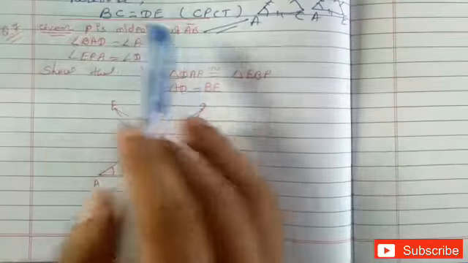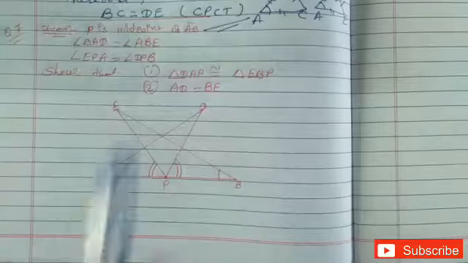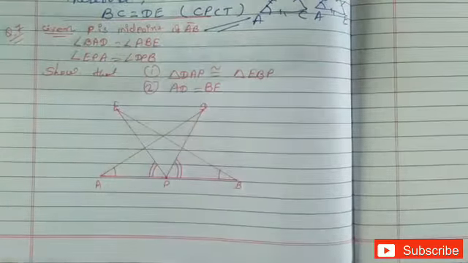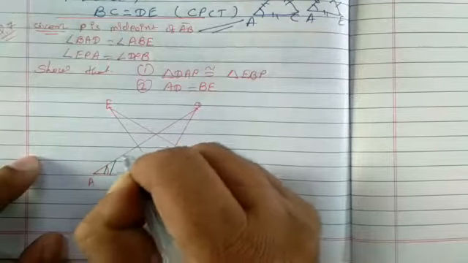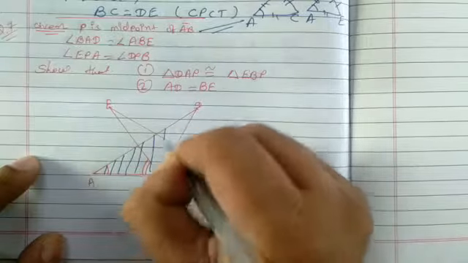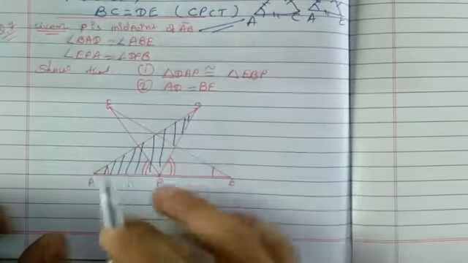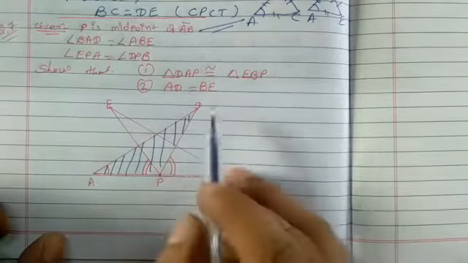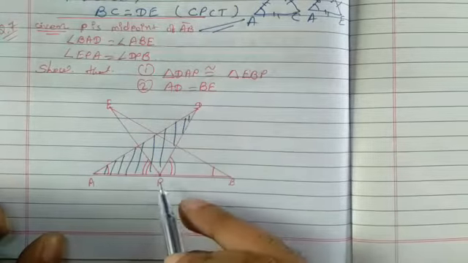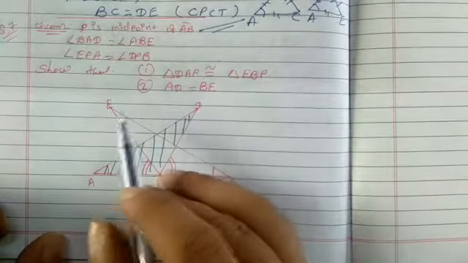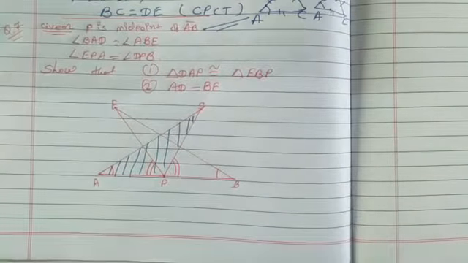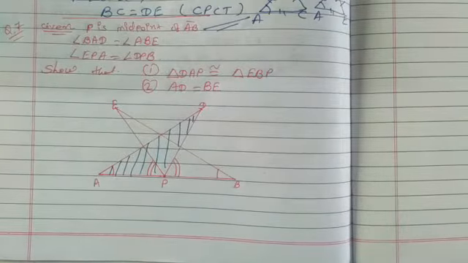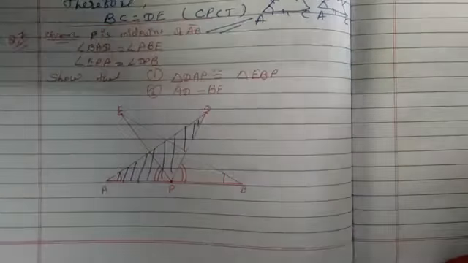P is the midpoint of AB, BAD is equal to ABE, and EPA is equal to DPB. So we need to show that this triangle is our DAP and this triangle is EPB, both are equal. So write down the solution.